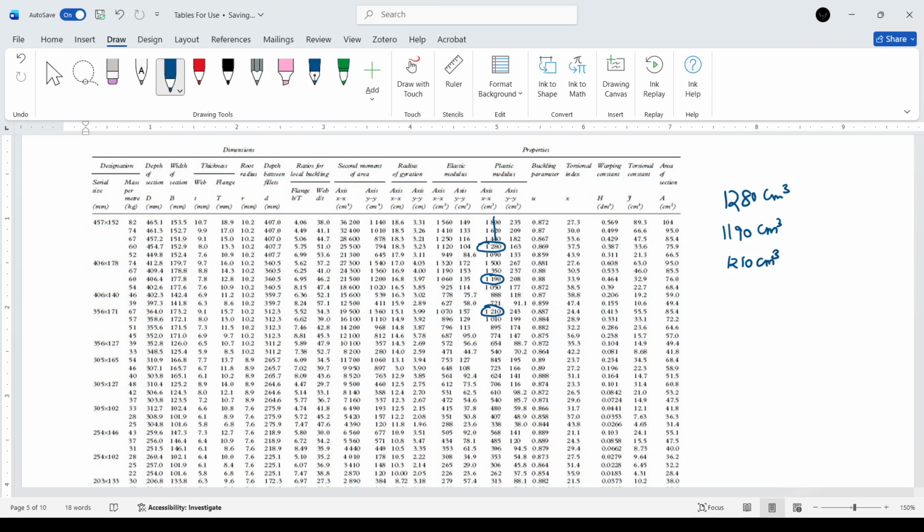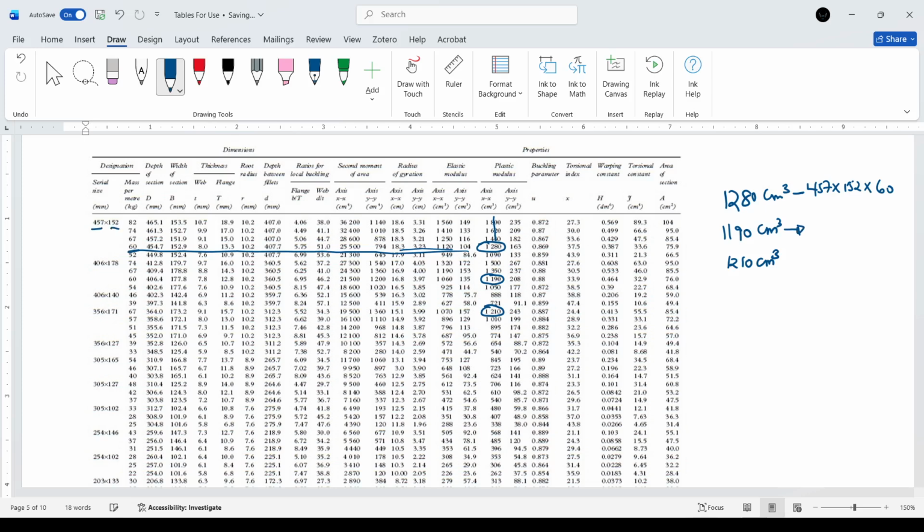So how do we select that section? For 1280, that will be 457 by 152 by 60.